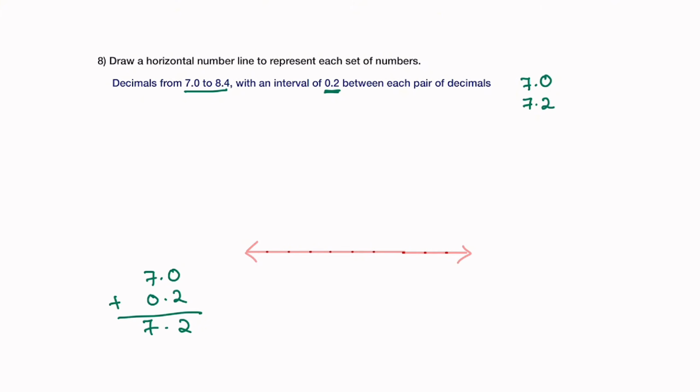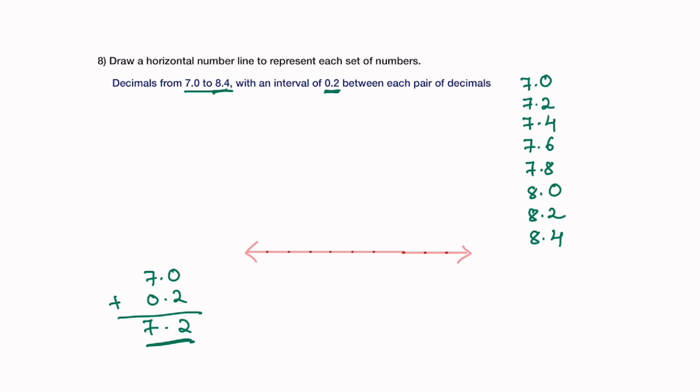So I'm sure now you know what are the numbers. You don't need to do this addition each time for each number, right? Because we are smart. So the next one is going to be 7.4, then 7.6, 7.8, 8.0, 8.2, and 8.4 because that's the last one here. We already have the numbers.